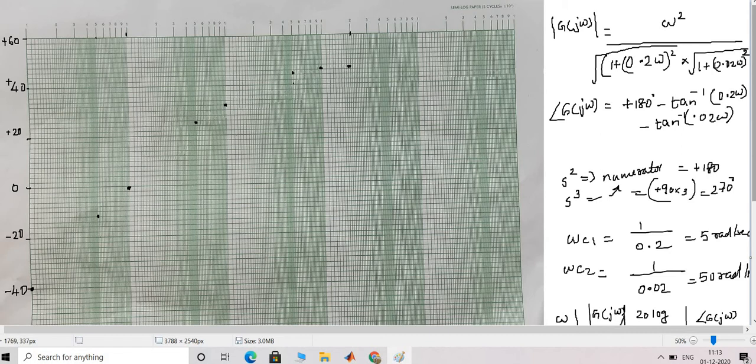So we have got the magnitude plot here. Now we can draw all these points and join them in a smooth curve.